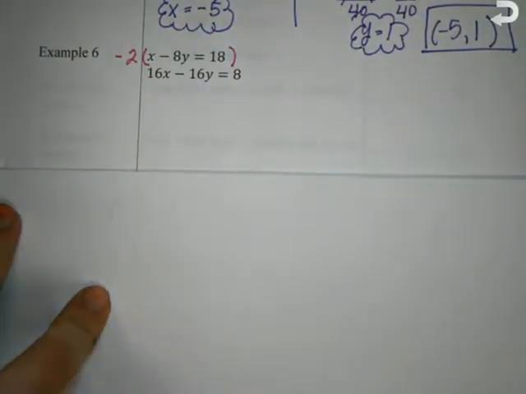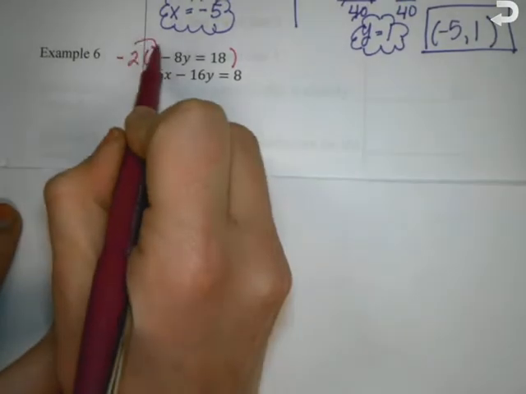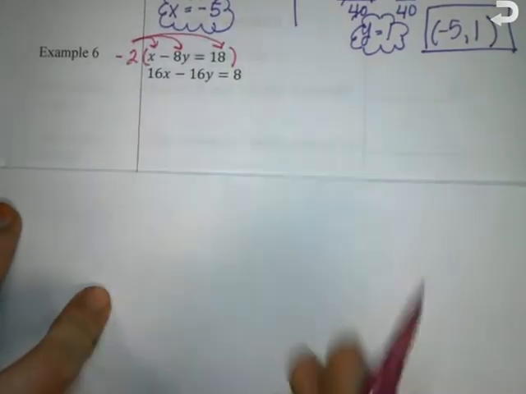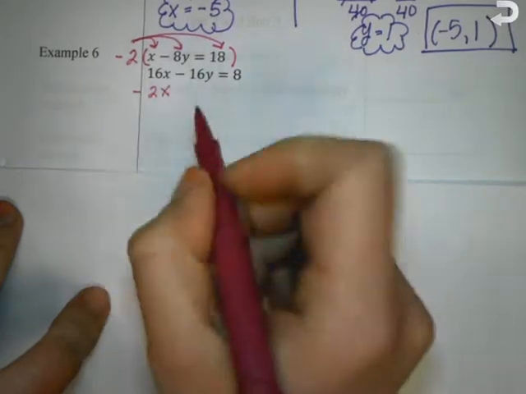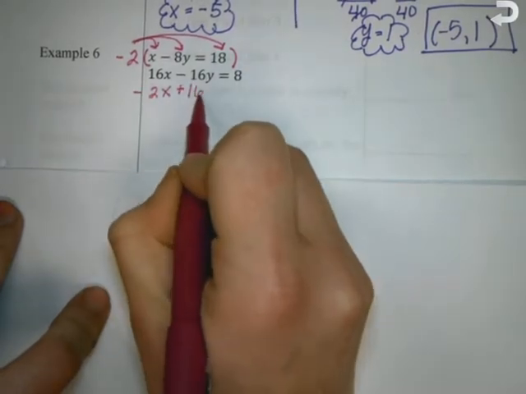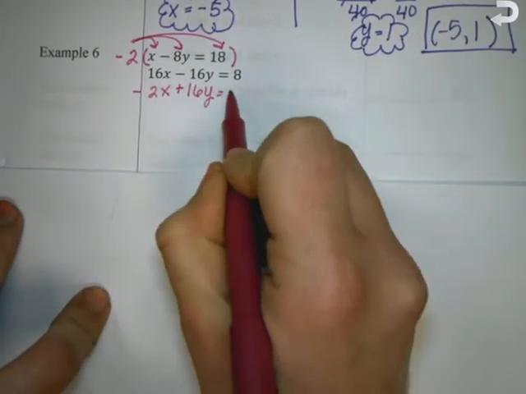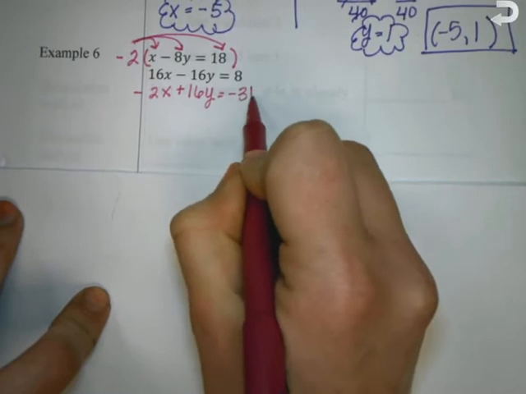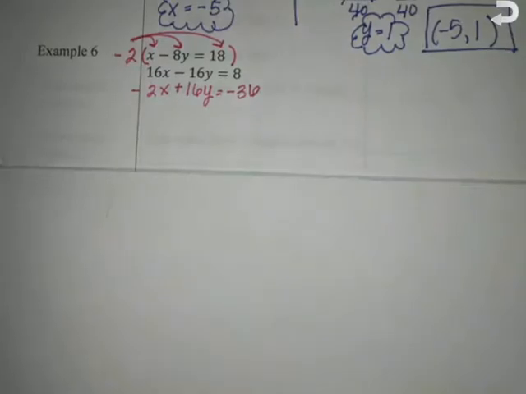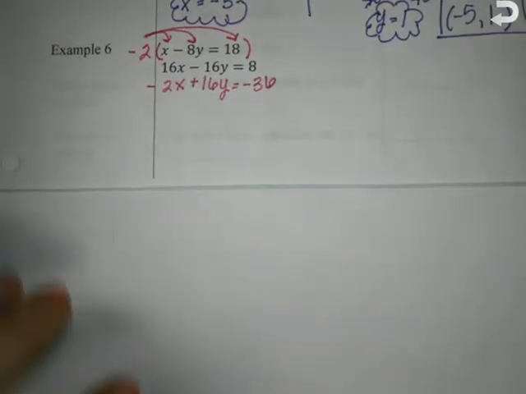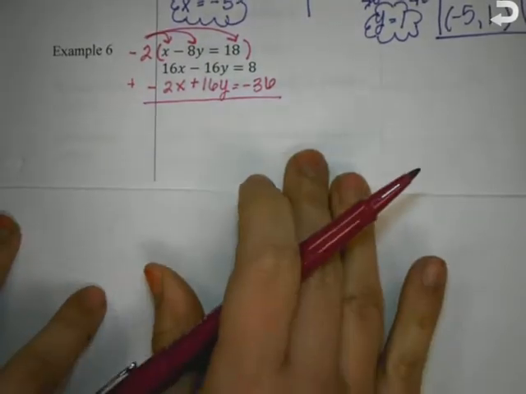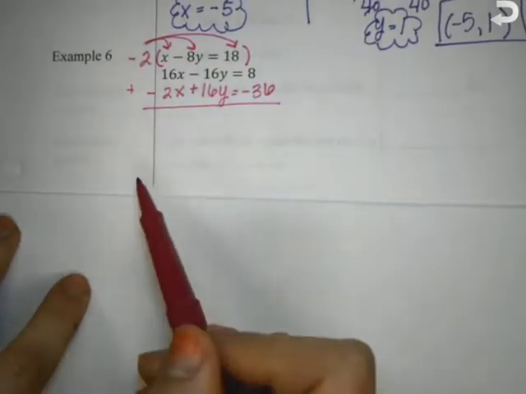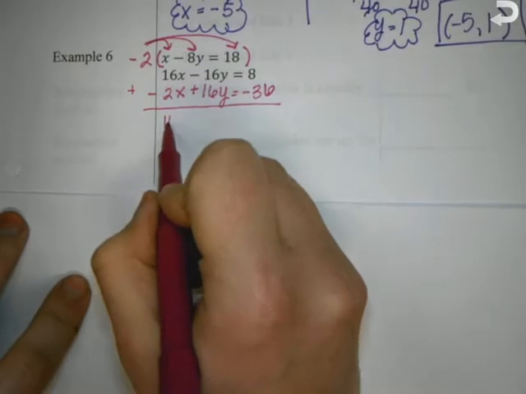Negative 2x plus 16y equals negative 36. When I add the two equations together, what do I get? 16x minus 2x gives me 14x. Y's eliminate, equals negative 28. Divide by 14, so x equals negative 2.